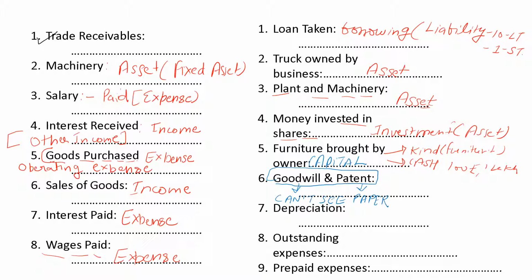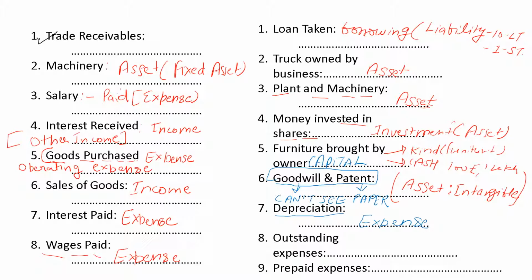Because both accrue some benefit to the business in terms of increased sales or in terms of protection from competition, both would be assets to the business and would be intangible assets. And the next is depreciation. Depreciation is a decrease in the value of fixed assets. So a decrease in the value of a fixed asset would be an expense to the business.